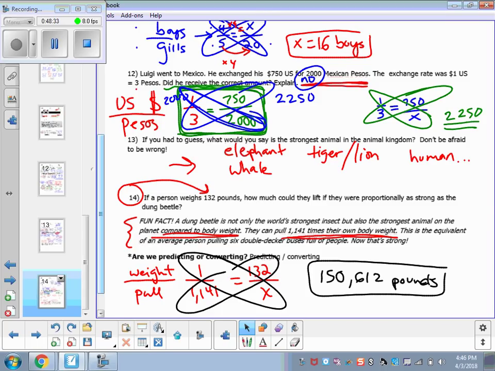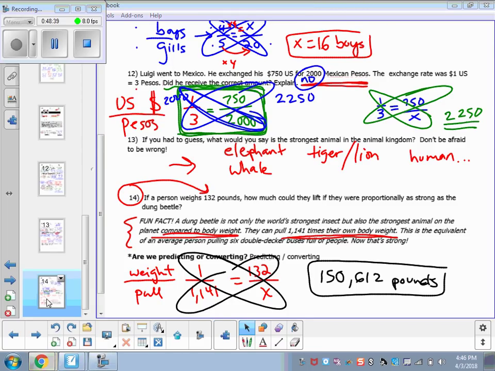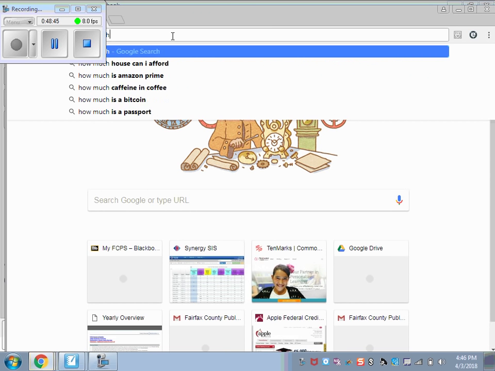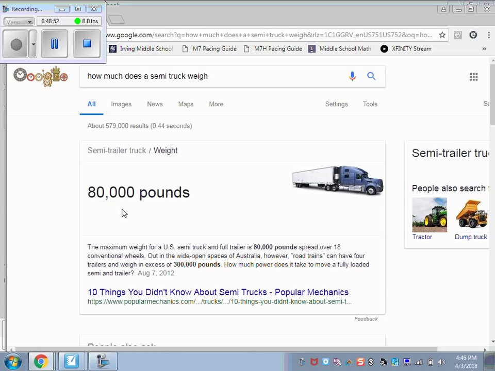What I'm going to do now is open up Google and Google how much a semi-truck weighs. Those are the things on the highway, those big trucks. How much does a semi-truck weigh? Let's see what we get, 80,000 pounds, okay?